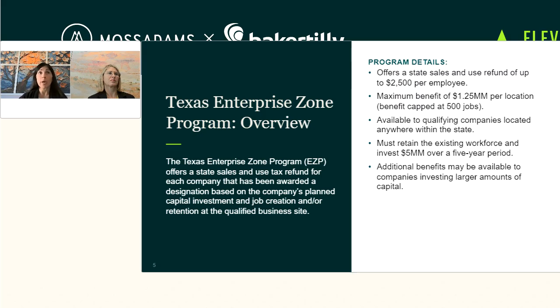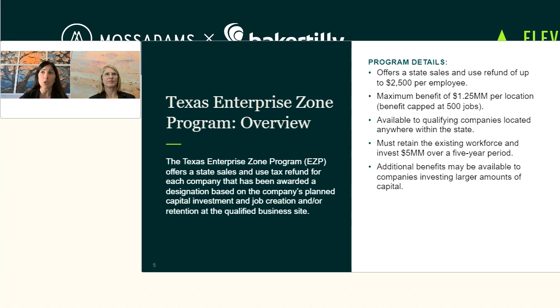Once you are in the program, a company can receive a refund of $2,500 per qualifying employee for a maximum benefit of $1.25 million in refunds, or basically 500 jobs. So one designation is capped at 500 jobs.